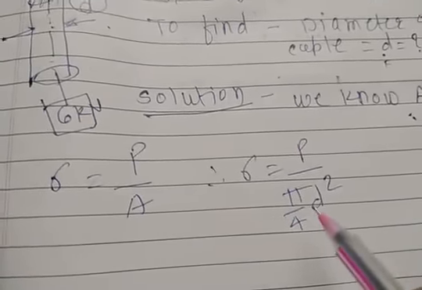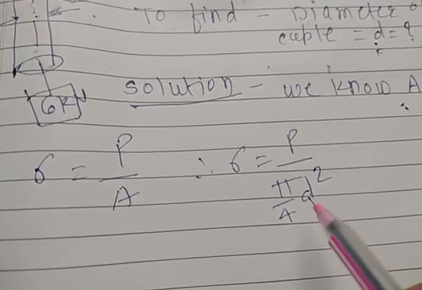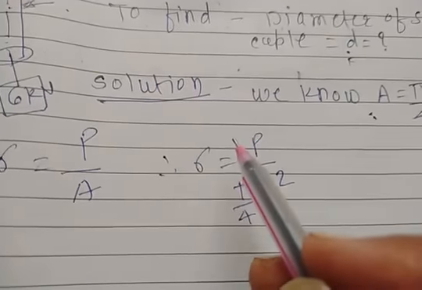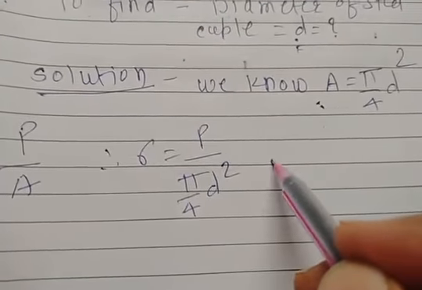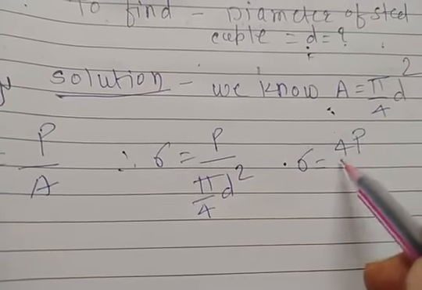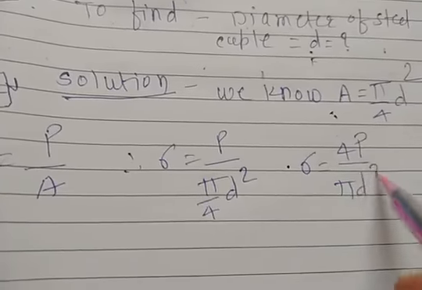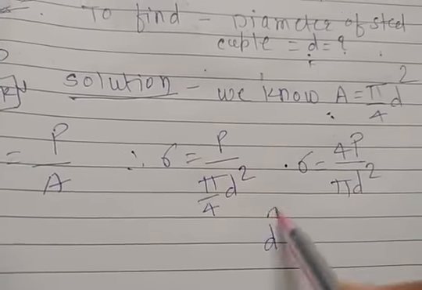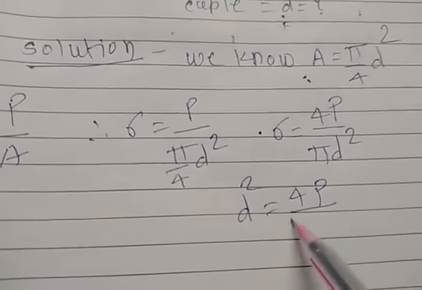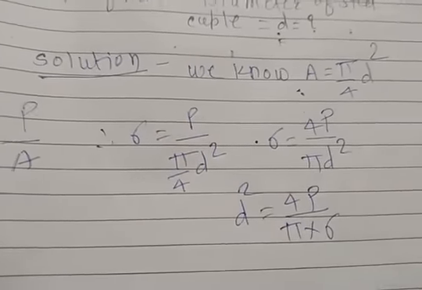Now shift this d square to the left side, and the 4 will go in the numerator. Then the equation becomes sigma is equal to 4P upon pi d square. Now d square is equal to 4P upon pi into sigma.